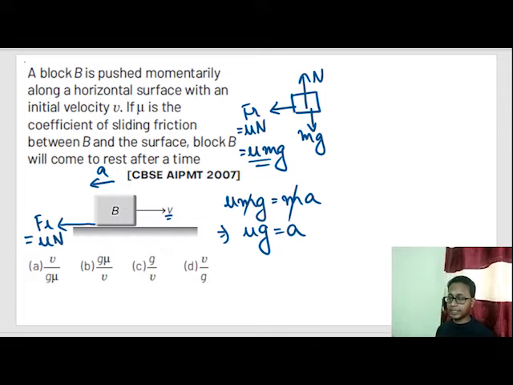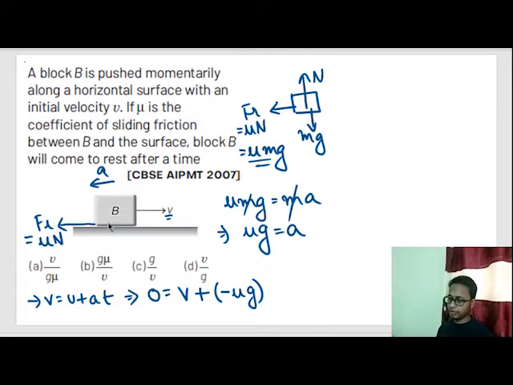Acceleration in this direction is equal to mu g. So we apply v is equal to u plus at. Final velocity when this block stops is 0. Initial velocity is given as v, and acceleration is minus mu g.